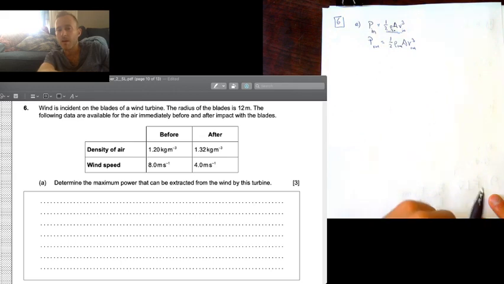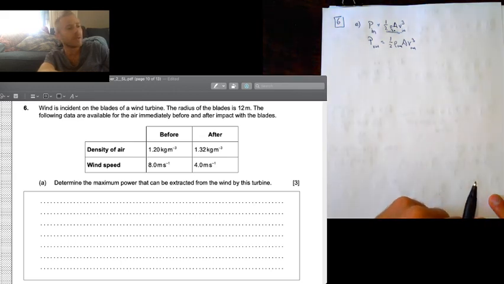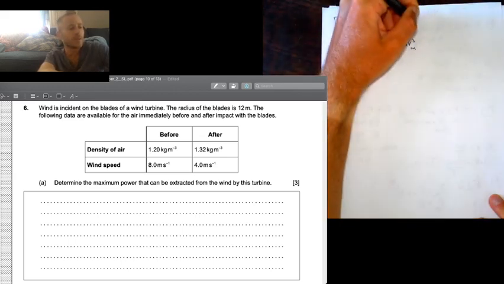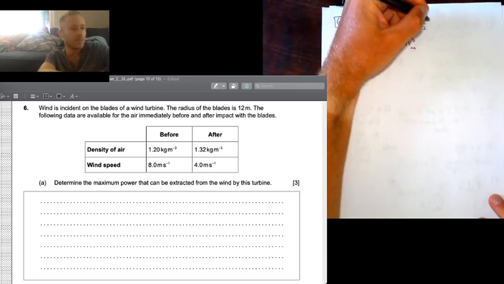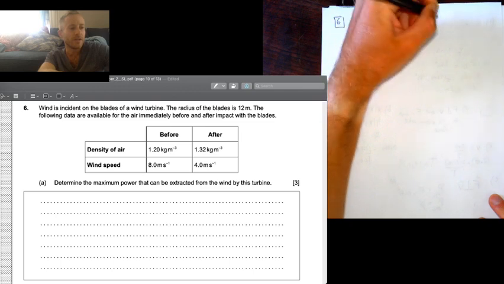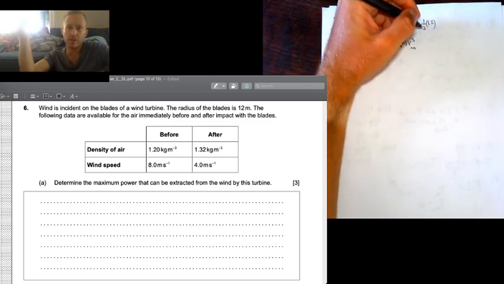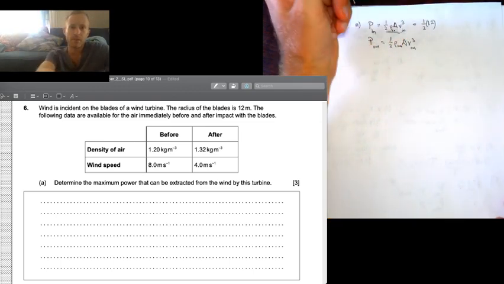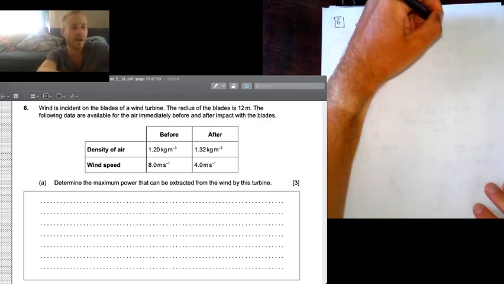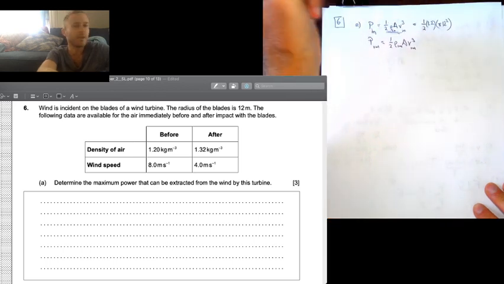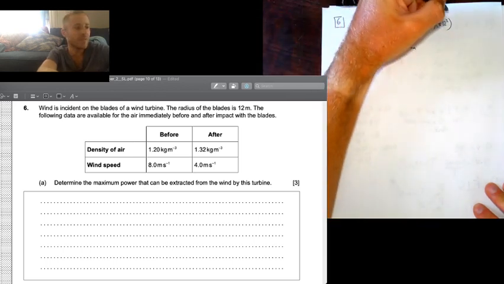Okay? So the power that goes in is 1/2 rho, which is 1.2, times the area where the blades are sweeping out a circle, so the area is going to be pi r squared, so pi times 12 squared. And then the velocity going in is 8 meters per second.